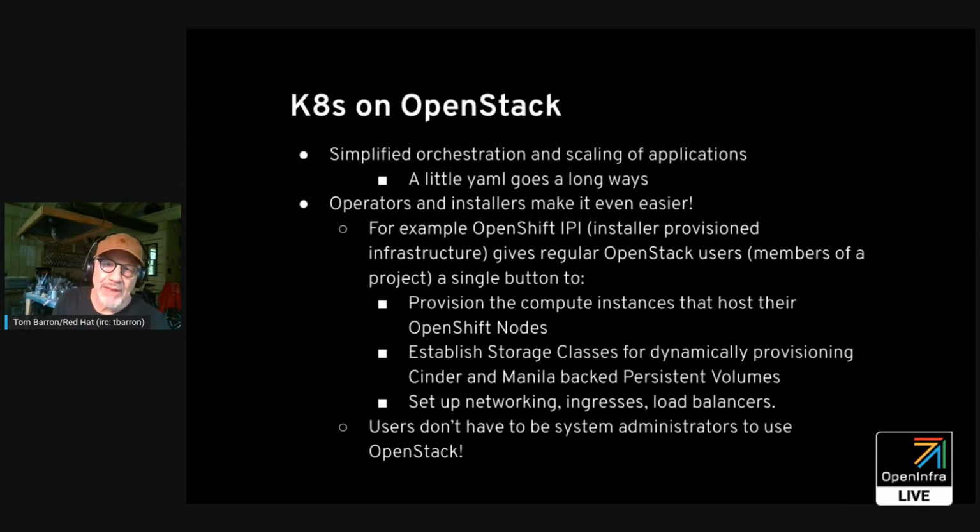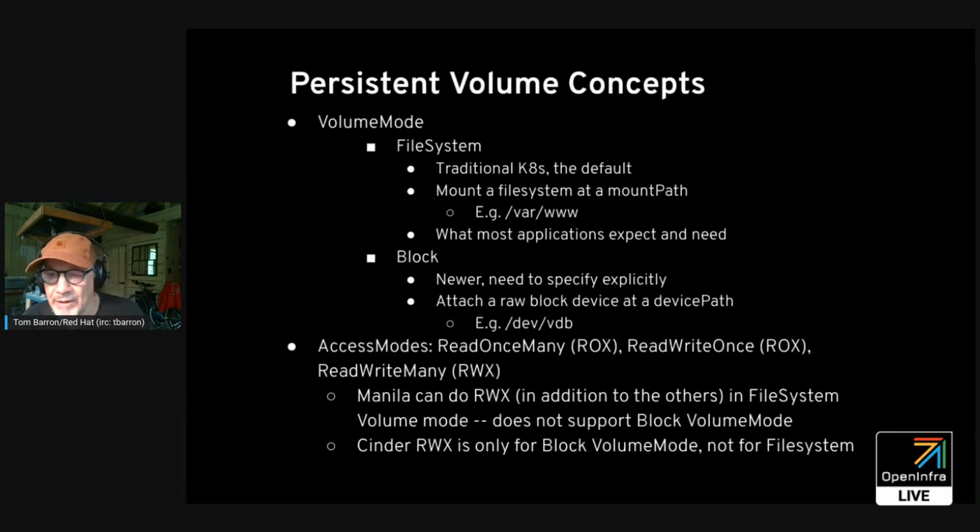It builds the storage classes they need to do dynamic provisioning of storage for persistent volumes with Cinder and Manila. And it sets up all the networking, ingresses, load balancers, et cetera. So the bottom line is users don't have to be system administrators to run applications on top of OpenStack if they're running Kubernetes on top of OpenStack.